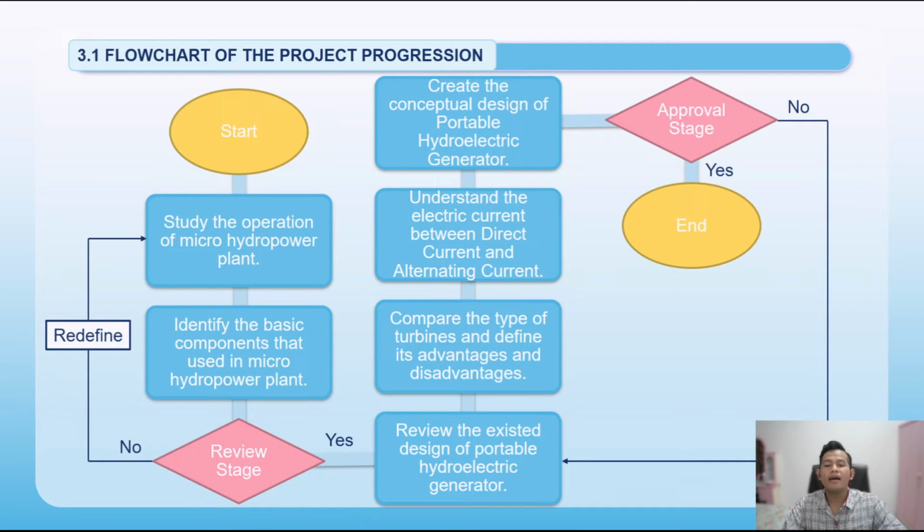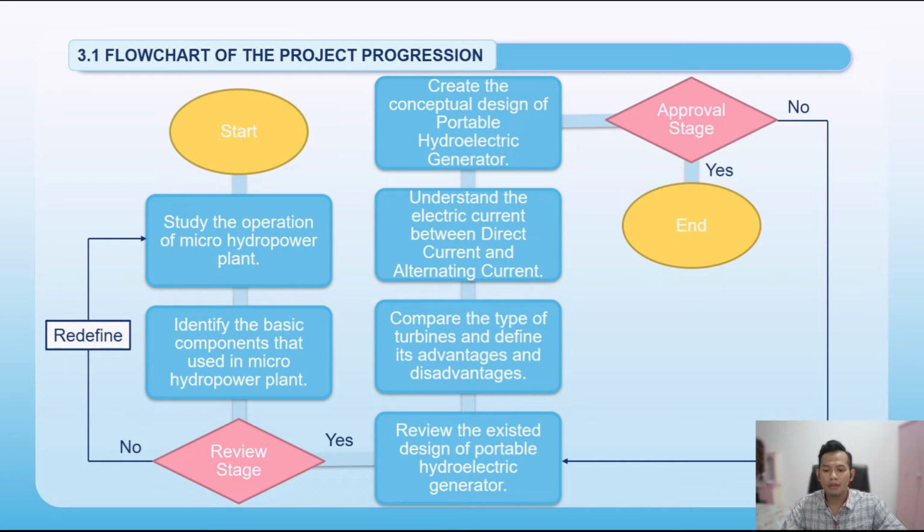After that, understand the electric current between direct current and alternating current. This understanding is to decide the type of electric current and motor used in the prototype. Lastly, create the conceptual design of the portable hydroelectric generator. This is to propose a sketch design of the prototype referring to the gathered information.